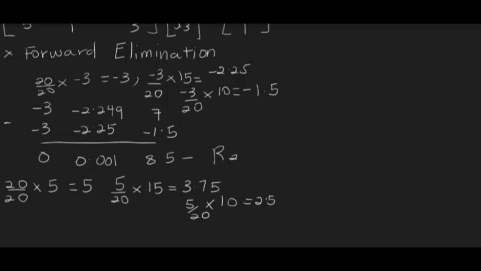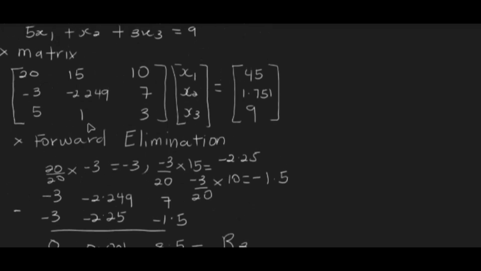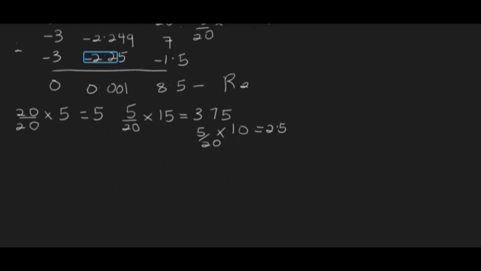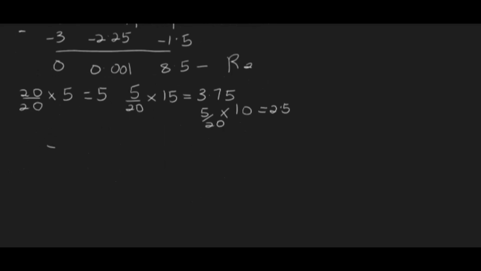So now I'm going to write my last row, 5, 1, 3. So I'll put my 5, 1, 3, then I subtract it, this one, the new modification. So 5, then finally 3.75, then I'll have 2.5.